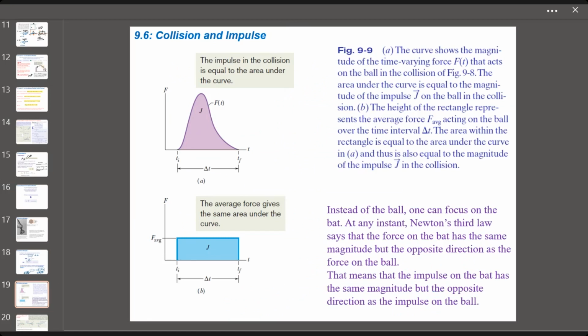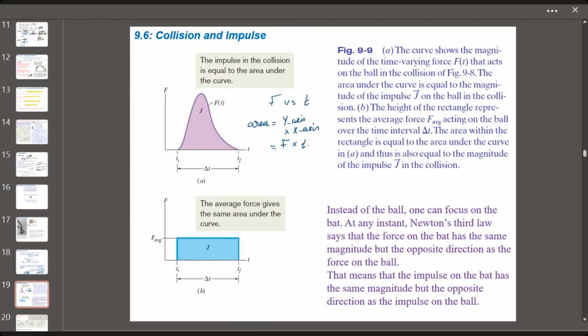One thing I want you to see here is that J can be found graphically from the force versus time graph. If you plot F versus t, remember the area is equal to whatever is on the y-axis times whatever is on the x-axis. Here, what do we have on the y-axis? F. What do we have on the x-axis? t.